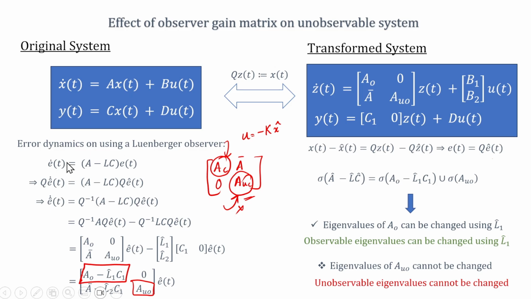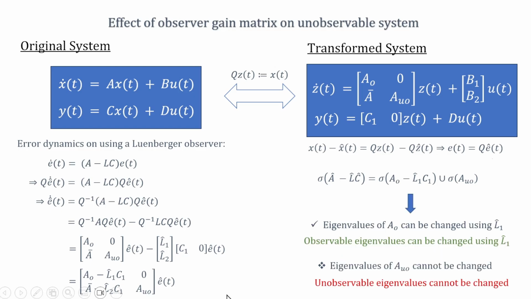Now, what does this tell us? Notice that in the uncontrollable case, we say that if the eigenvalues of the uncontrollable part are on the left half of the complex plane, then the system is known as stabilizable.